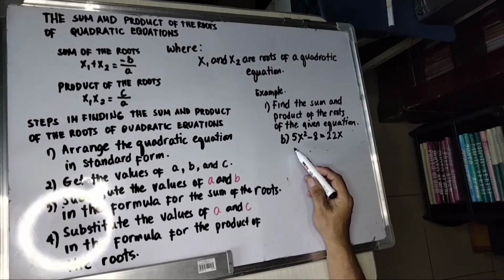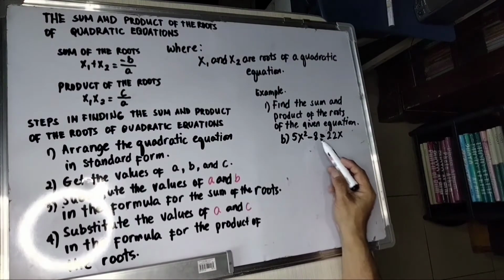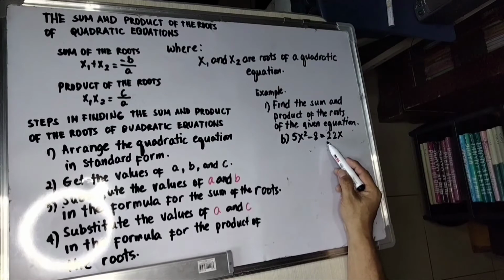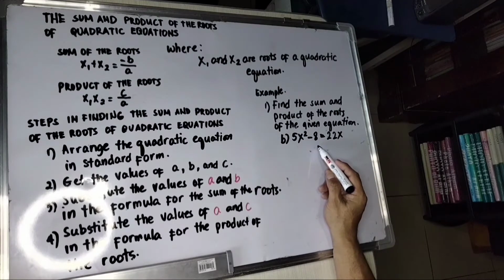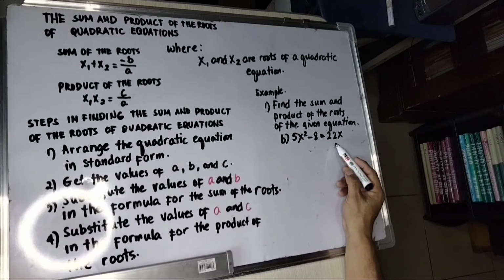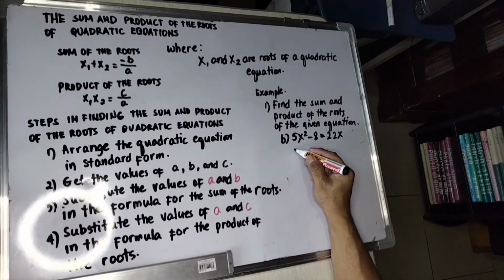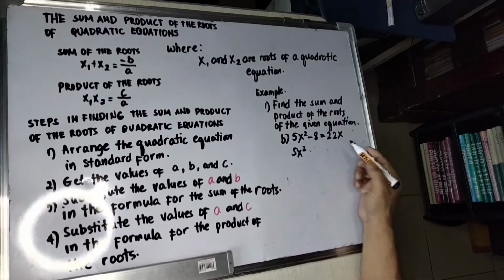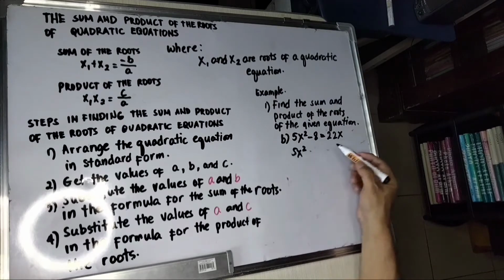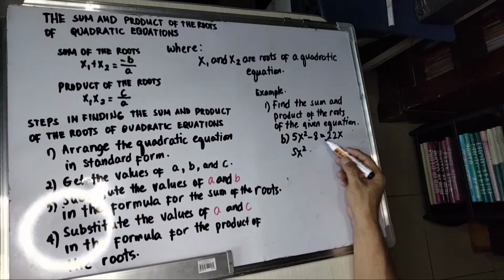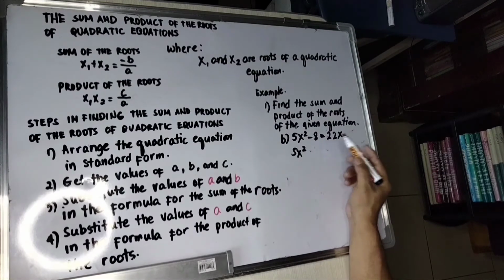The next equation is 5x squared minus 8 equals 22x. Since the given equation is not in standard form, rearranging, just making now 5x squared. Then 22x should be transferred to the left side, thus making positive 22 crosses the equal sign.